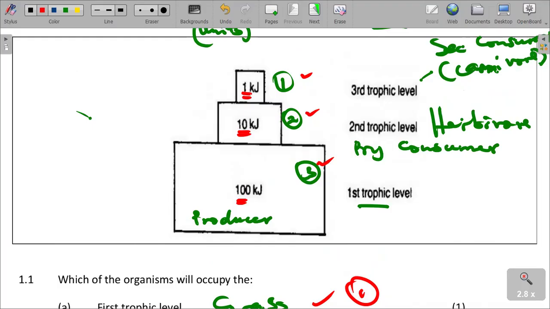And then what we can say is that the energy transfer is a 10% from one level to trophic level 2. That can be 10%, as we can see, 100 kilojoules, and then we have 10 there, and then from 10 we have 1.